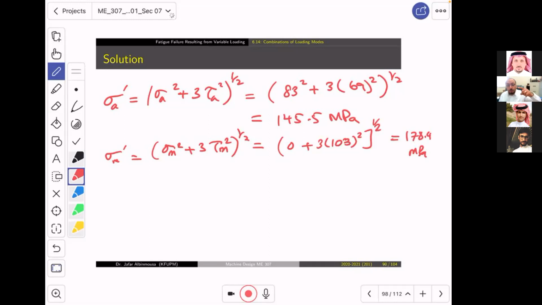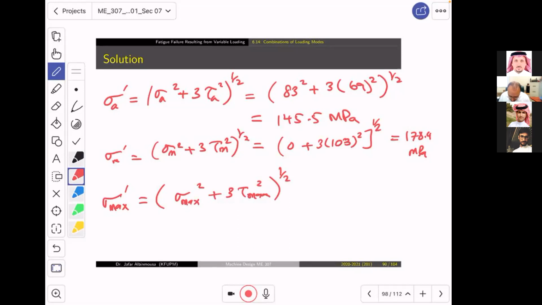Now, when I found sigma A and sigma M, I can add them together and find the maximum. But I'm going to show you that I can find sigma maximum prime using von Mises, by saying that sigma maximum square plus 3 tau maximum square under the square root. So what should I do?